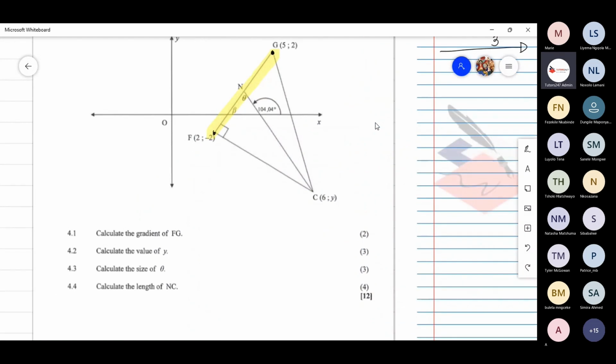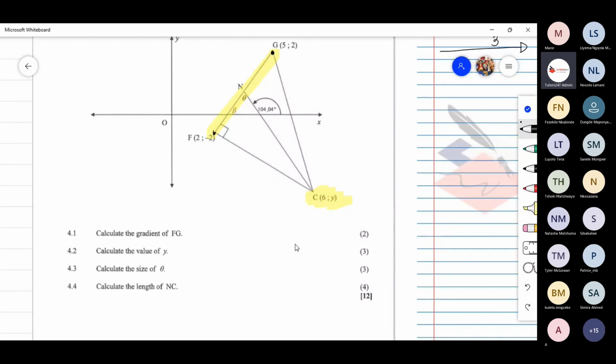Now, we have question 4.2 that states, calculate the value of y. Okay, here's our value of y. I've highlighted it in yellow. We need to find that value of y. Now we have point C, which has an x value of 6 and a y value that we do not know.